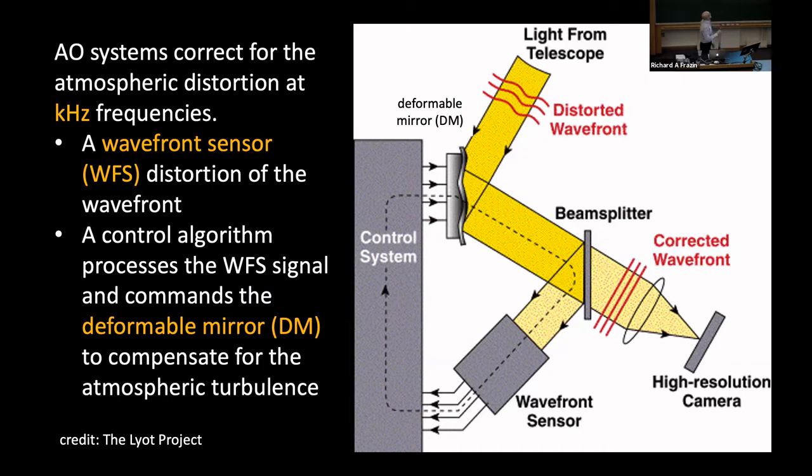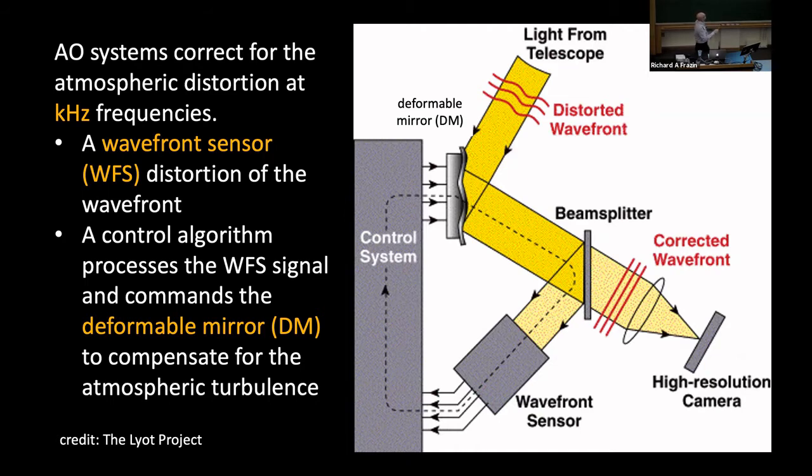And then it comes to the adaptive optics system. So the first thing that happens there is the light hits this deformable mirror, and then the light from the deformable mirror bounces off of the beam splitter and goes to what's called a wavefront sensor. The wavefront sensor's job is to measure this distortion. It's basically figuring out what is the time delay at every point on the surface of the wavefront.